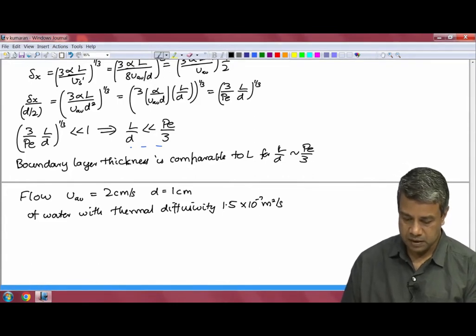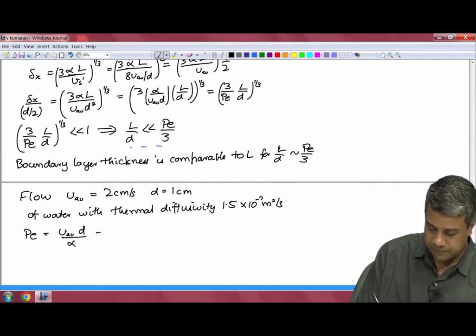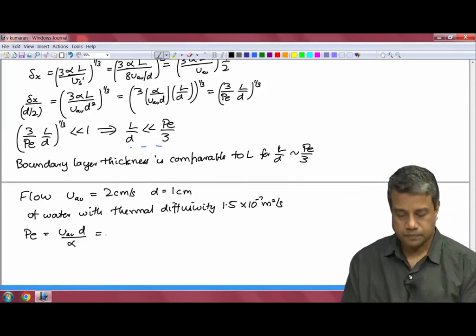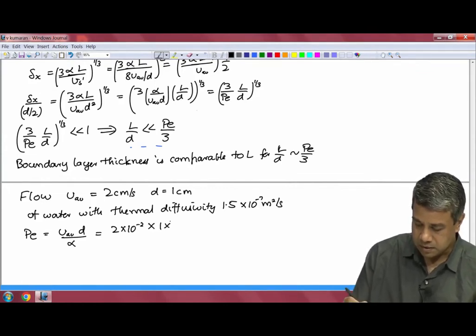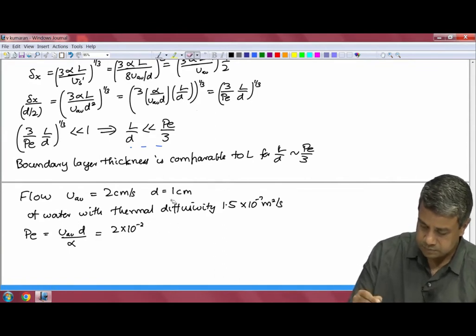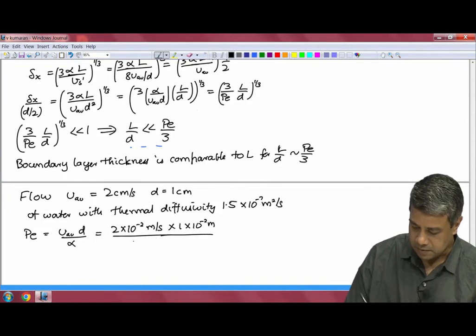So, for this we can easily calculate the Peclet number, which is equal to V average d by alpha. V average is 2 into 10 power minus 2 meter per second, into 1 into 10 power minus 2 meter, divided by 1.5 into 10 power minus 7 meter square per second.